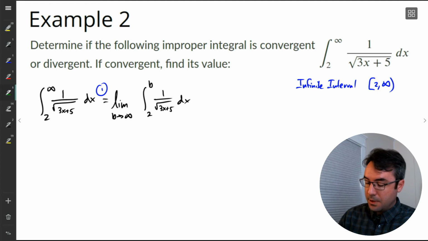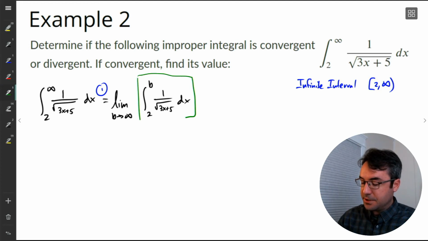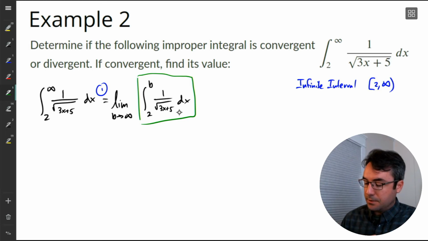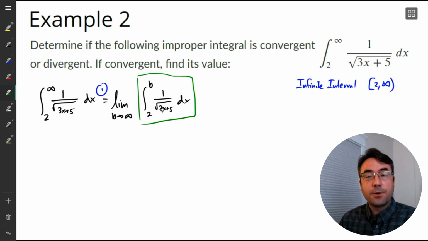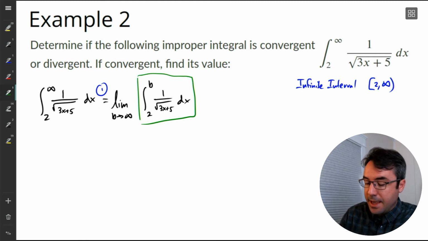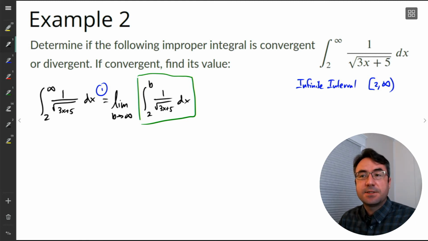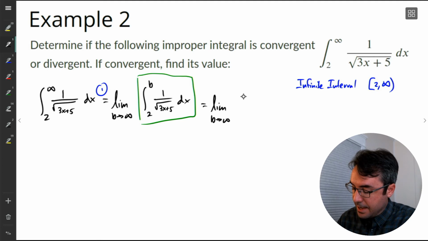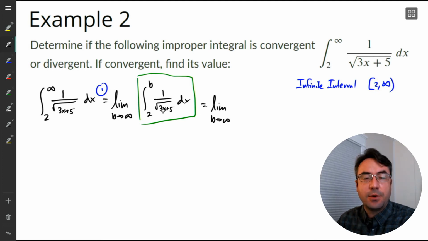Now, what we have here is just a regular, good old-fashioned definite integral. We can use all of our techniques. So this is the second part of it now: go through and actually calculate this definite integral. And to help us with this, let's first rewrite our function. We're going to rewrite it with a negative exponent and also as a fractional exponent so we can get rid of the root sign.